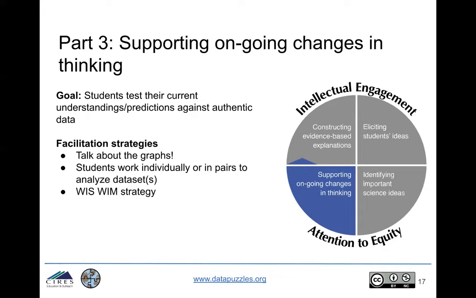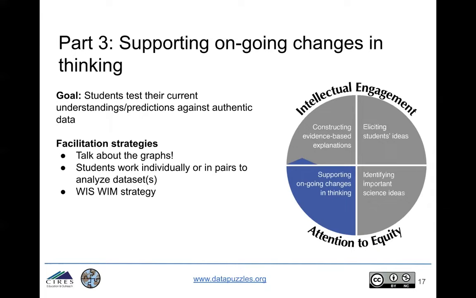Once students have made the prediction for their question, now it's time to test those predictions against authentic data. And so some different facilitation strategies here. One that Melissa really emphasizes, and something they learned in their research before writing the Ambitious Science Teaching book, is it's so important to talk about the graphs before you give students the freedom to go interpret them on their own.